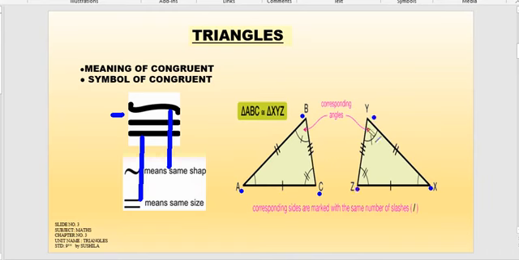Angle B corresponds to angle Y of the other triangle, and all the sides are shown with slashes: AC is equal to ZX, AB is equal to YZ, and BC is equal to YX, right? So triangle ABC is congruent to triangle XYZ.